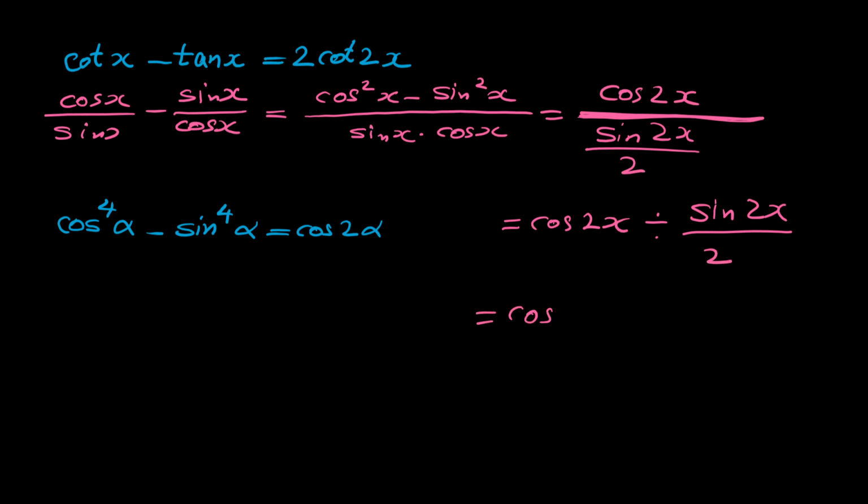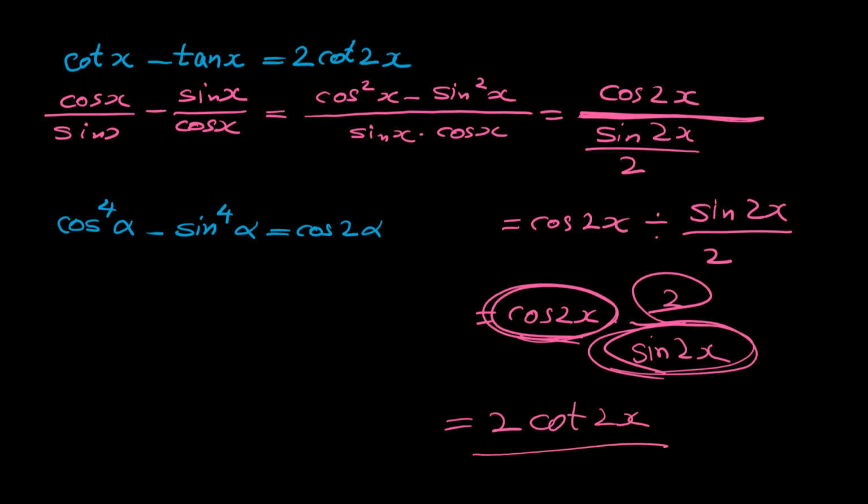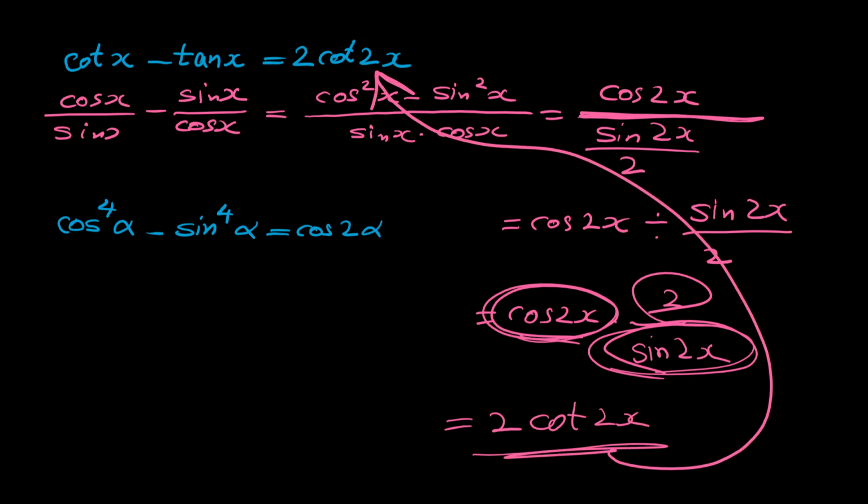You know that when we want to divide two fractions, we change division to multiplication, but we invert the second fraction. The reciprocal of sine of 2x over 2 is 2 over sine of 2x. And this equals 2, we have these two, cosine over sine. Cosine is in the numerator, sine is in the denominator, and it is cotangent of 2x. 2 cotangent of 2x.